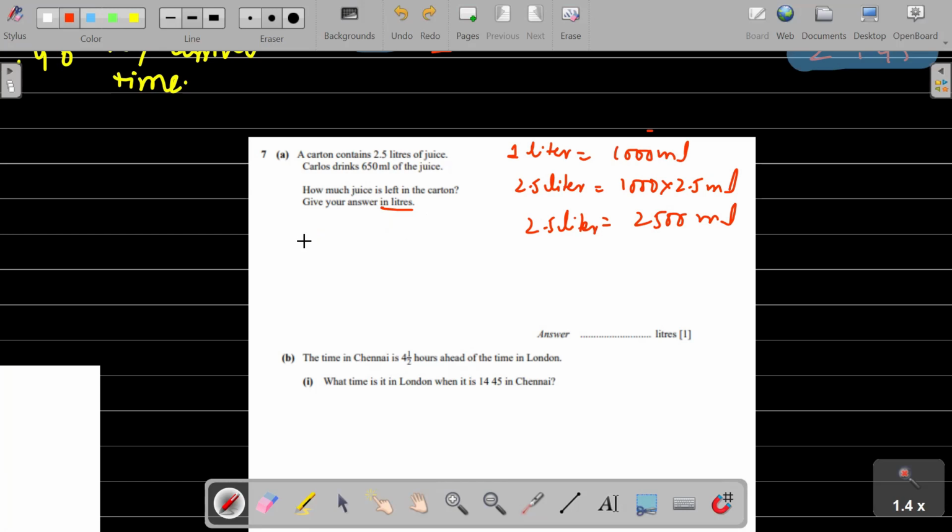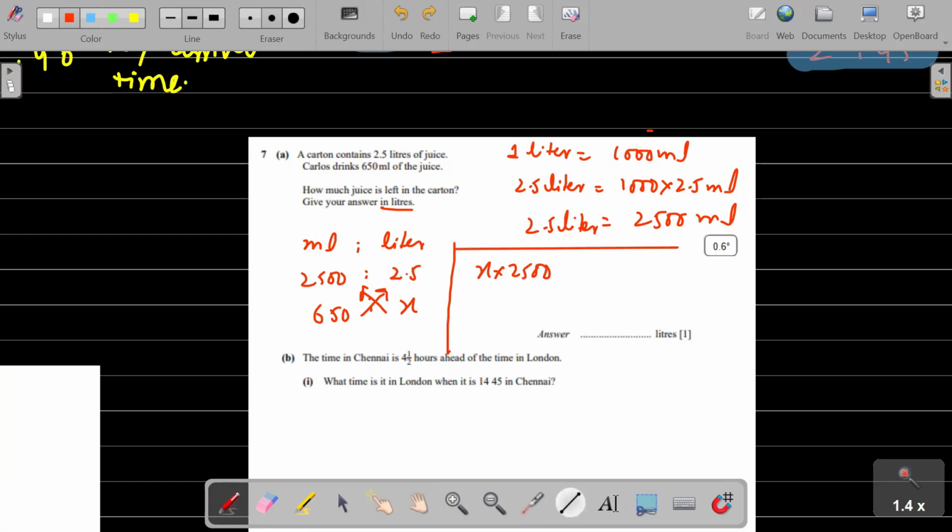Sorry, the value which you are going to calculate will be written on the right side. You want to calculate your answer in liters, so we will write liters on the right side. Here it is 2.5 liters, and here it will be ml: 2.5 liters is 2500 ml. And we want to calculate x for 650 ml. Let's cross multiply. By cross multiplying, we have x times 2500 is equal to 2.5 times 650.